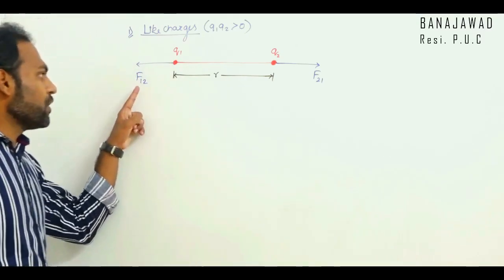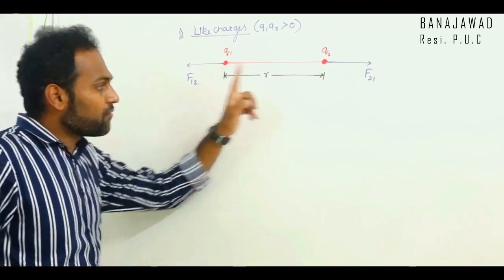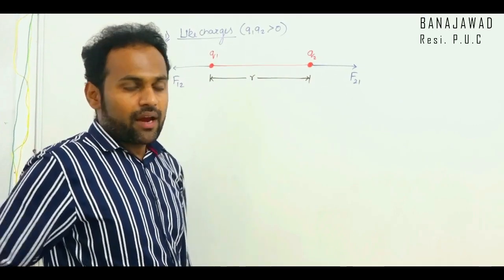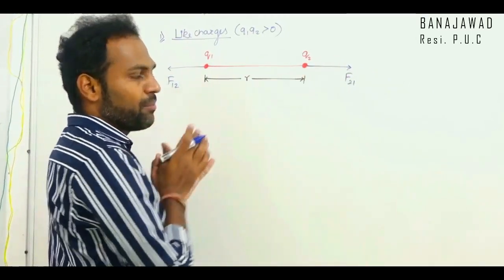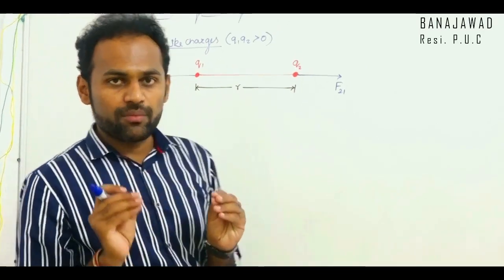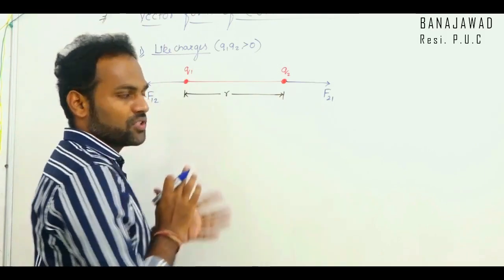So F12 is the force acting on Q1 due to Q2, and F21 is the force acting on Q2 due to Q1. We show them away from each other because both are like charges and there is a force of repulsion between them. To show that repulsion, we show the directions of the forces in this way.